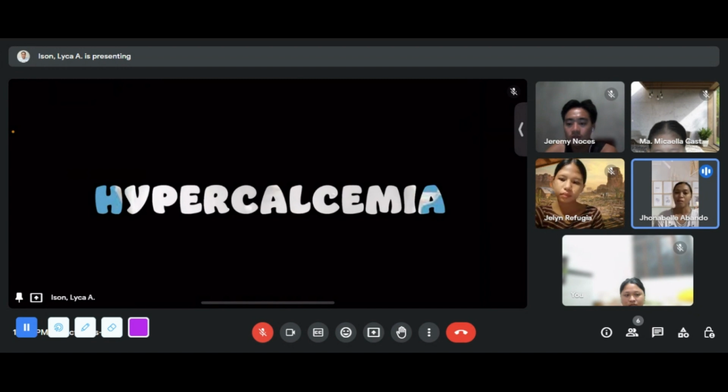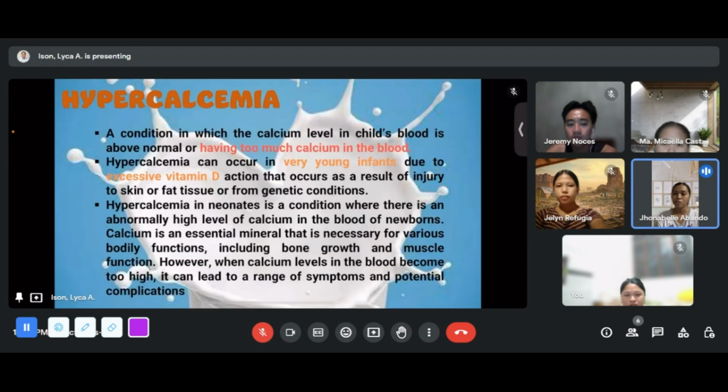So, hypercalcemia, this condition occurs when calcium levels in child's blood become too high, or when the calcium level is above normal, and it can cause symptoms and potential complications. So, hypercalcemia can occur in very young infants due to excessive vitamin D action that occurs as a result of injury to skin or fat tissue or from genetic conditions.